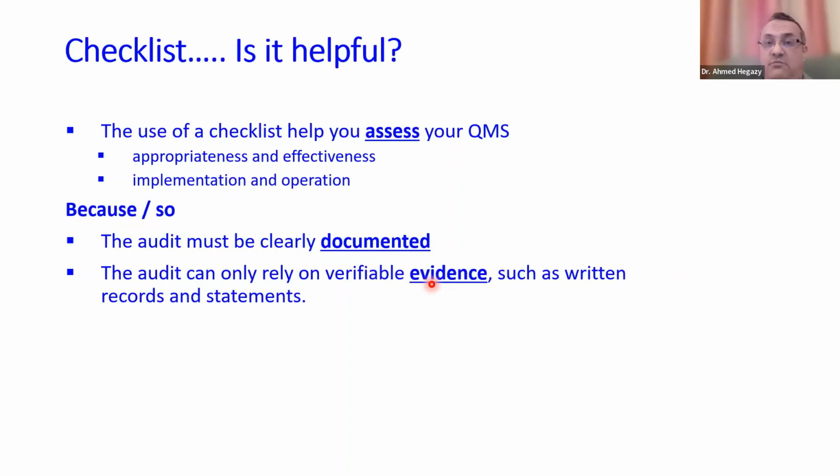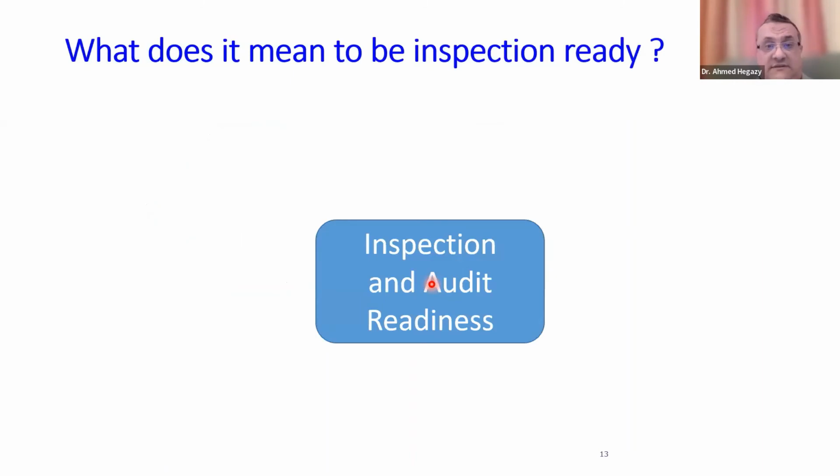So a checklist is very important and can help you. And usually most of the auditors have their own checklist and they ensure that they ask the questions and fulfill the answers as needed. I always say we should be inspection ready, or what is called inspection readiness. So how to be ready for inspection?